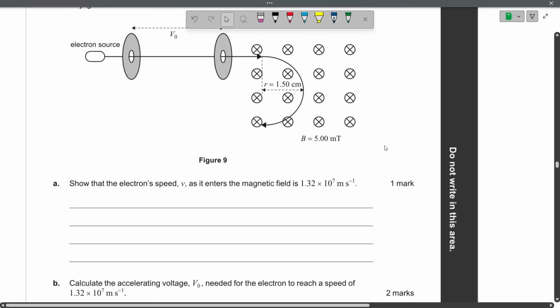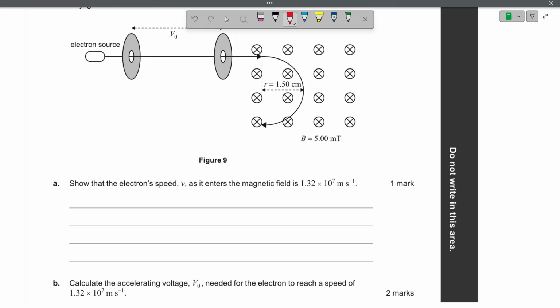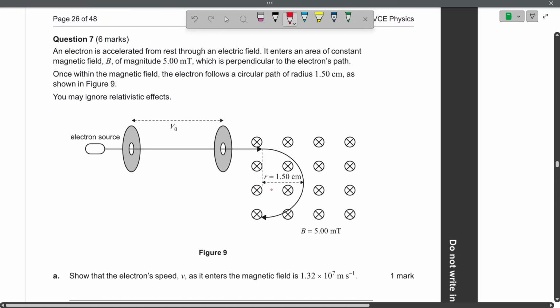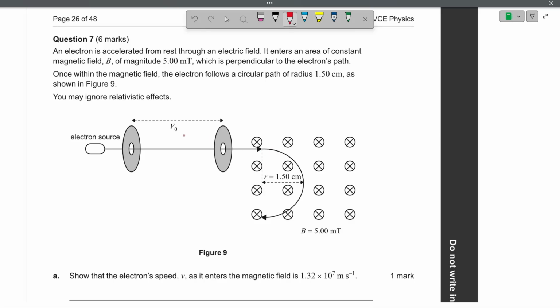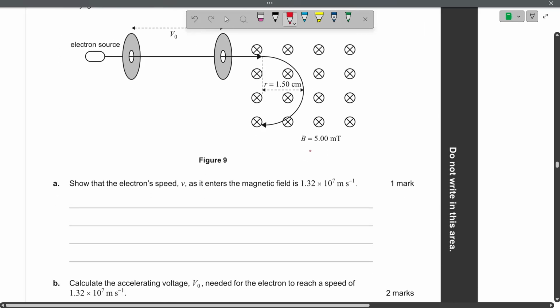There is a formula governing the orbital radius of a charge that is moving perpendicular to a magnetic field, if it's moving with a particular speed and it has a particular mass. It should be on your formula sheet somewhere.